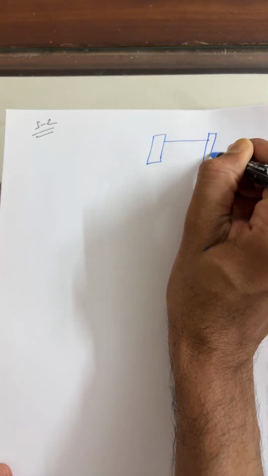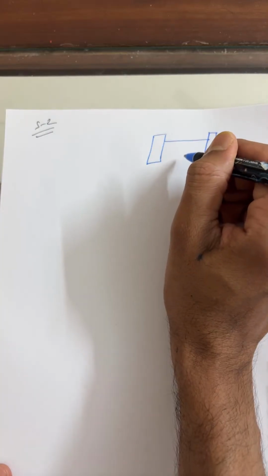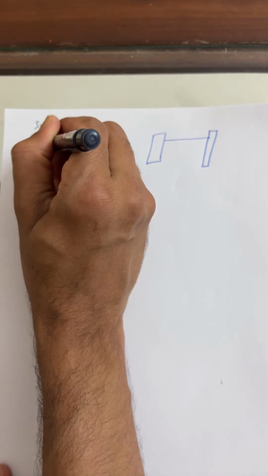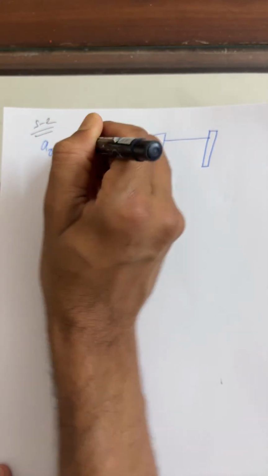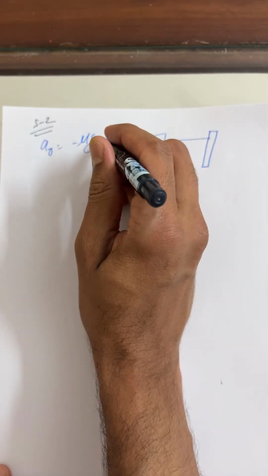A particle in retardation has decreasing velocity. So the acceleration for retardation you can write as minus mu g.